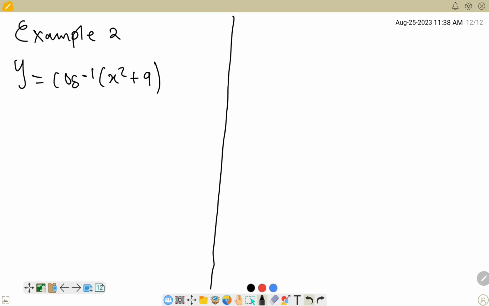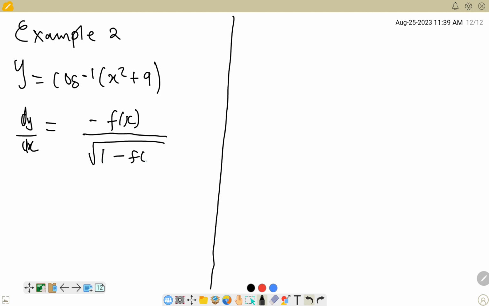The question says find dy dx, or differentiate the following with respect to x. We write the correct formula for dy dx. We said that this is the same as the one for arcsine, but the difference is that this one has a negative, so it's 1 minus f of x all squared.